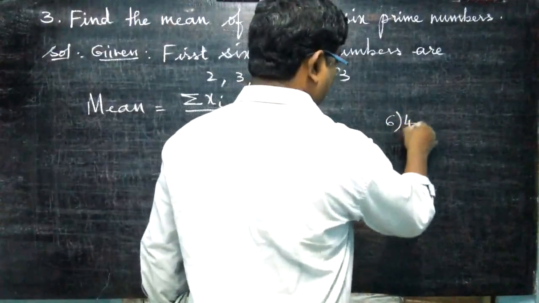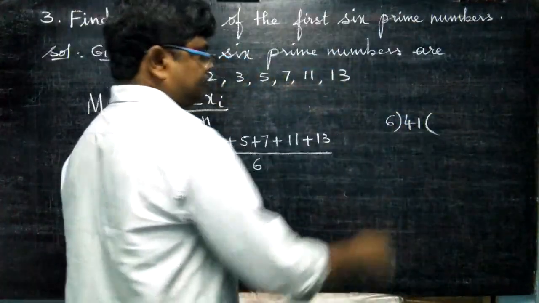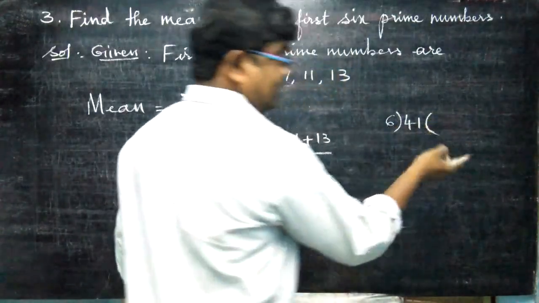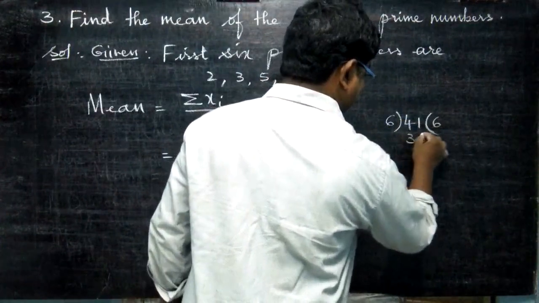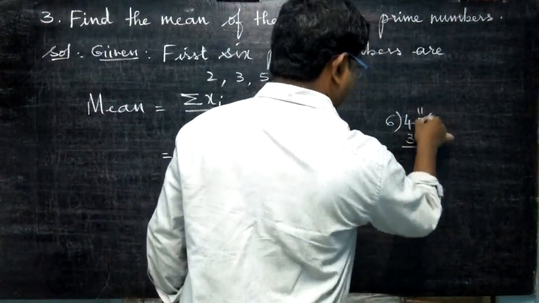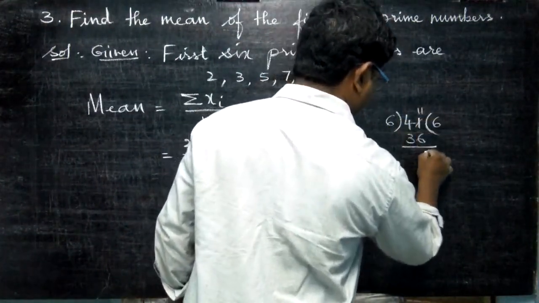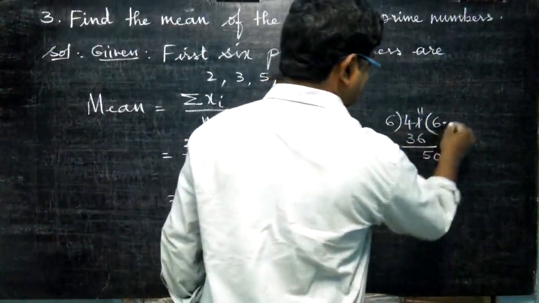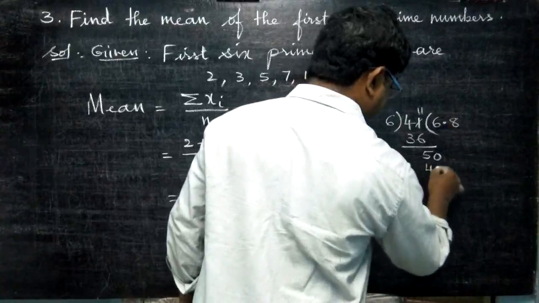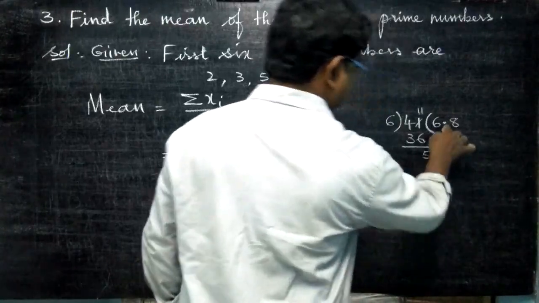Each and everything you have to show. This is part and parcel of the problem. 6 sevens are 42, but it is not there. No, 6 ones are 6. 11 minus 6 is 5. Decimal 0. Now 6 eights are 48. 2 remaining. Decimal is there.